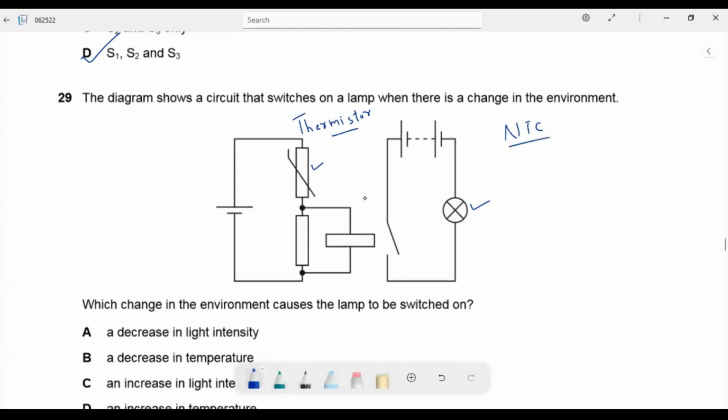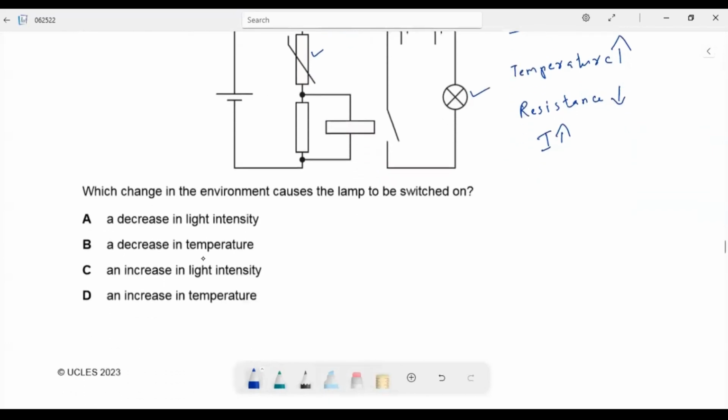So here, when the temperature increases in this thermistor, the resistance decreases. As a result, current flow will increase. So here the right answer is the change in environment is an increase of temperature.